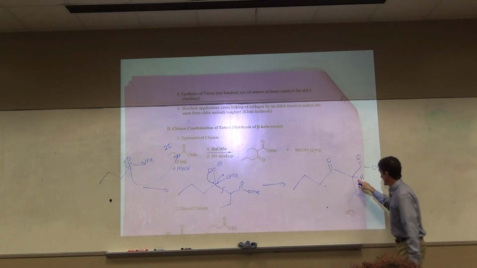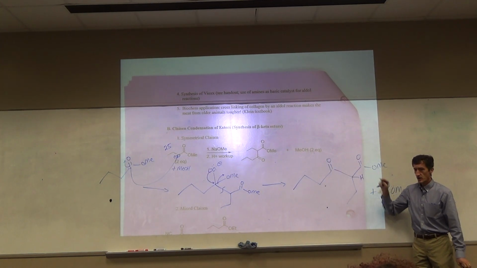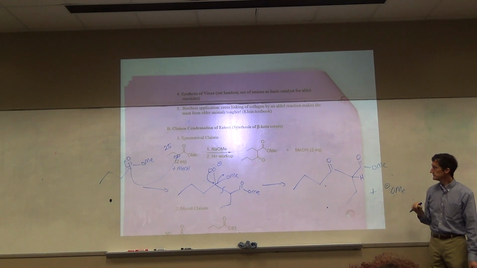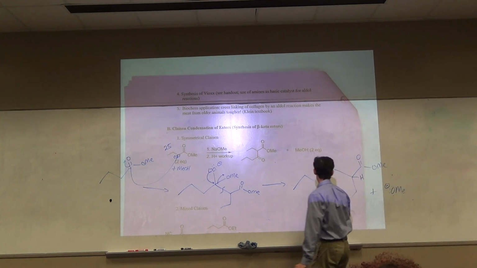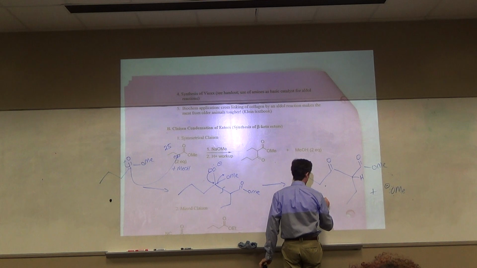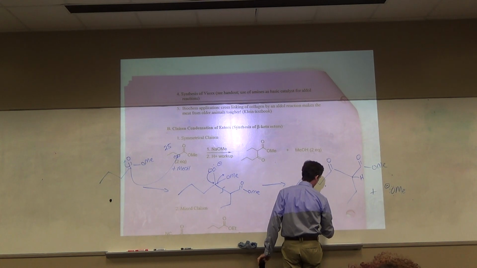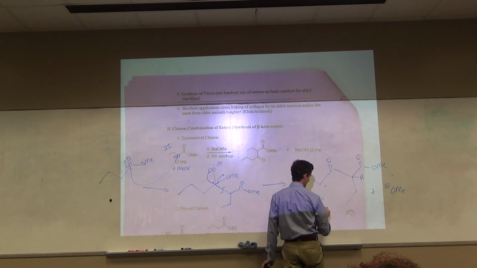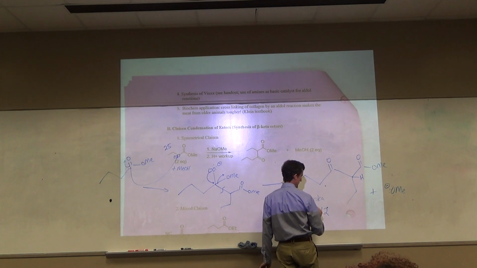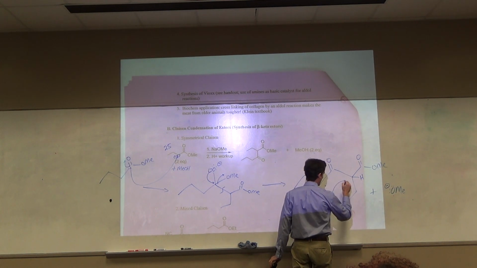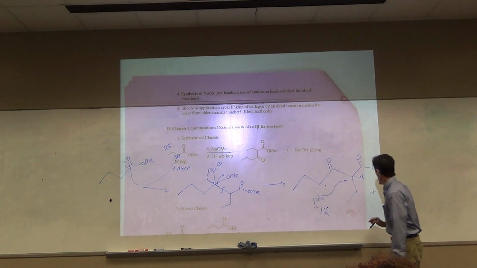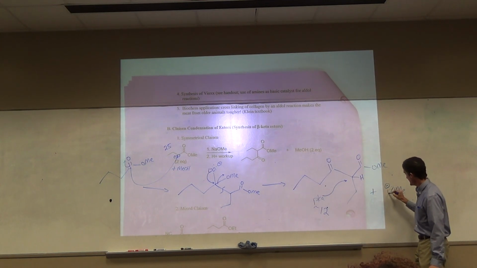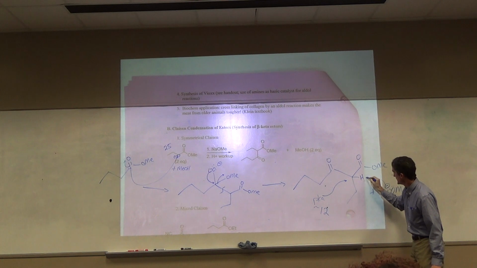Now, this CH sits between two carbonyls. This has a pKa of about 12. I may have said something a little different last time, but close. 11 to 13, 12, it's somewhere here. And this is acidic enough that this is going to take this H.